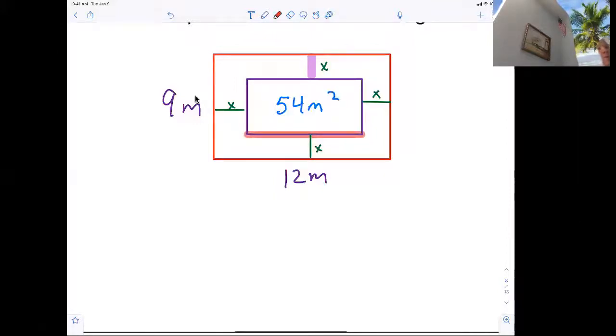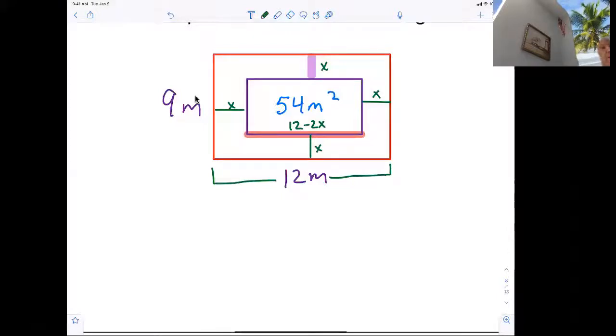Is it W minus 12? Say it again. You are a genius. 12 minus 2x. It's 12 minus 2x, because we know from here to here is 12.